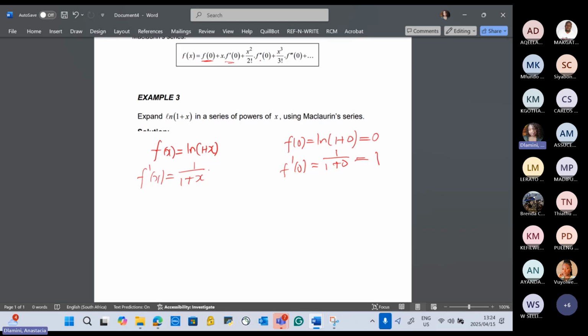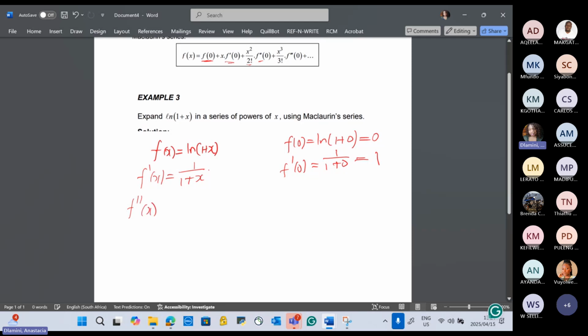Now, the third term says this multiplied by that, so I need to find f double prime. Why am I saying double prime? So this is equal to, help me, what is the derivative there? We use the quotient rule. So that'll be, leave the bottom as 1 plus x and square it.